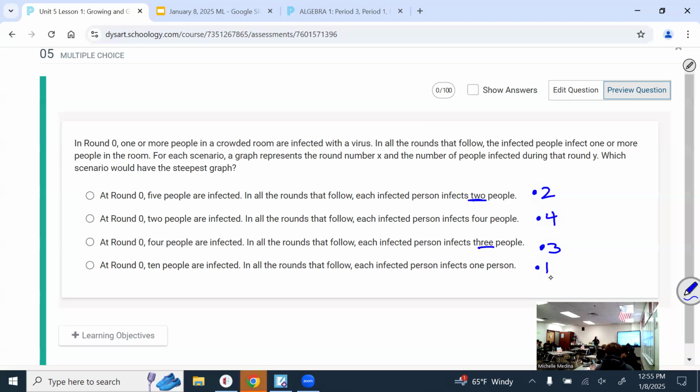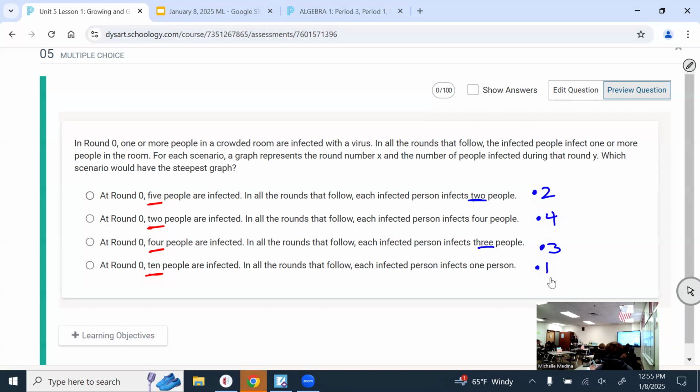What I'm thinking is that it doesn't matter what the initial amount was. I think the one with the steepest graph will be the one multiplying by the highest factor. That's why I'm ignoring what they started with. For example, the one that started with 10 people, if they're each only infecting 1 person, that's not a lot in the grand scheme of things.